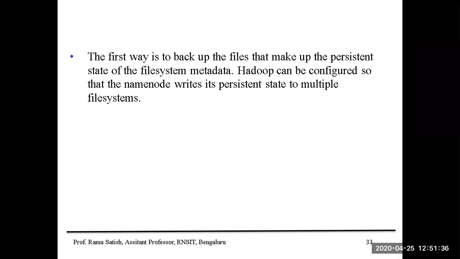Hadoop can be configured so that the name node writes its persistent state to multiple file locations. So the name node itself maintains a backup. If the main name node goes down, another name node, the secondary name node, will come into existence.